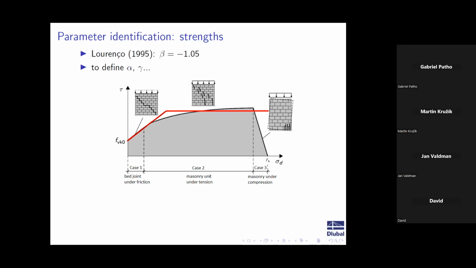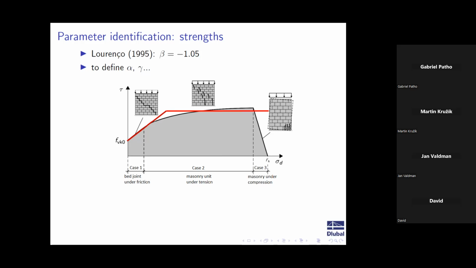Again, I have to put here a graph. Here we at least have some guidelines from the Eurocode. This is my shear strength relative to the confining compressive stress to the wall. If you have small compressive stress to your wall, then if you apply shear to the wall, it will first fail in the bed joints due to friction.